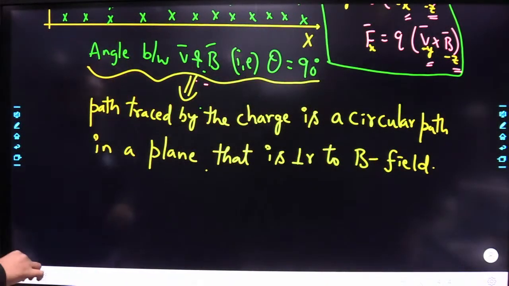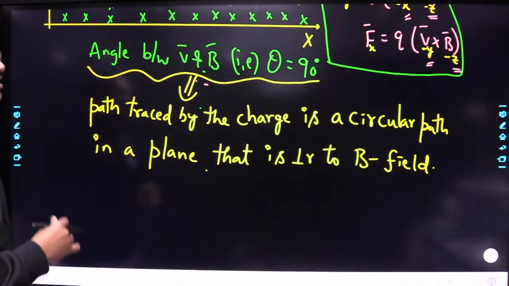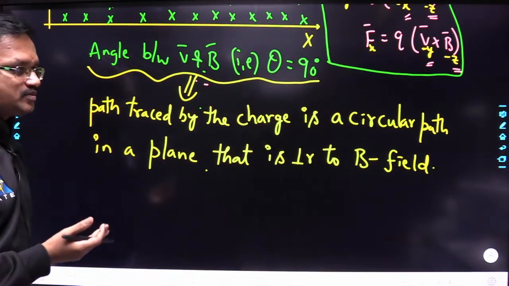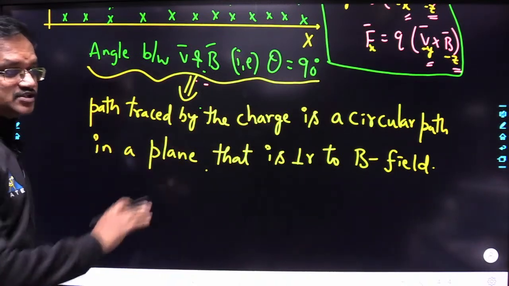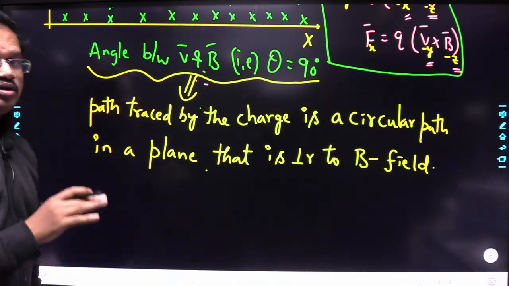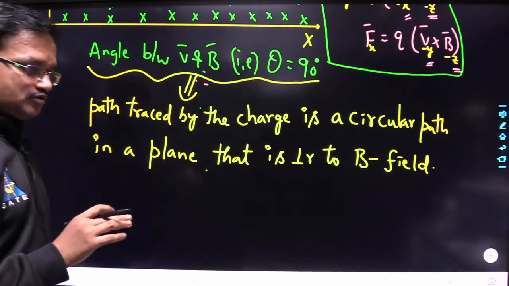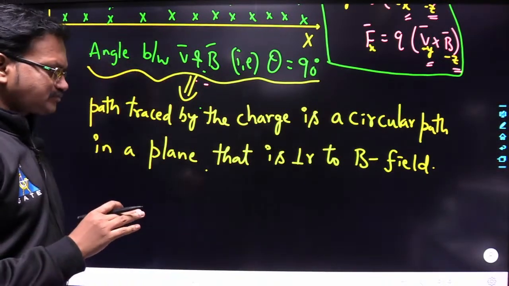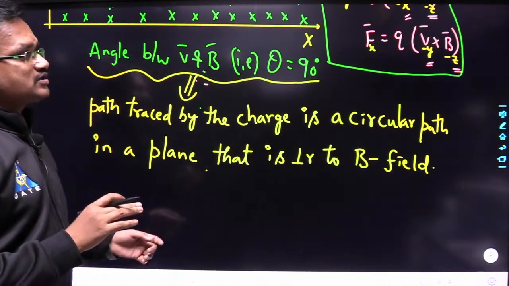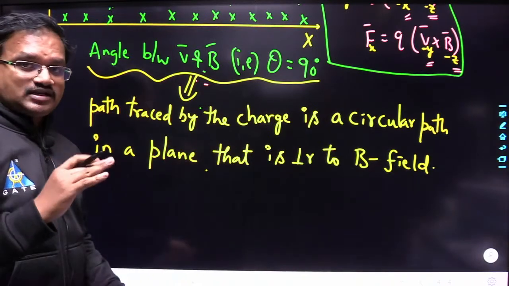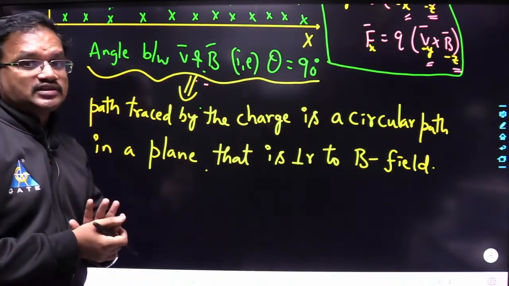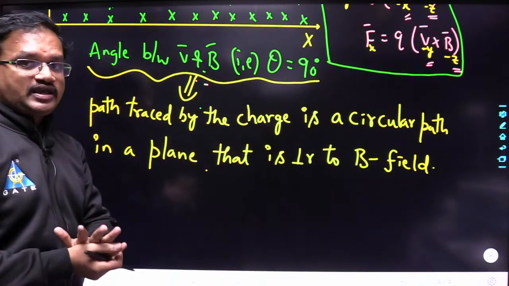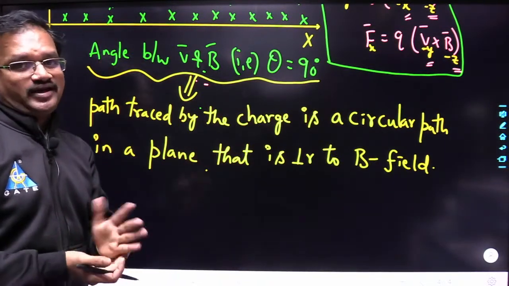So whenever the angle between V bar and B bar is 90 degrees, the path traced by the charge is a circular path in a plane that is perpendicular to the B field. Suppose the velocity is in the YZ plane, that means it is tracing the circular path in the YZ plane, then the B field must be in the X direction.